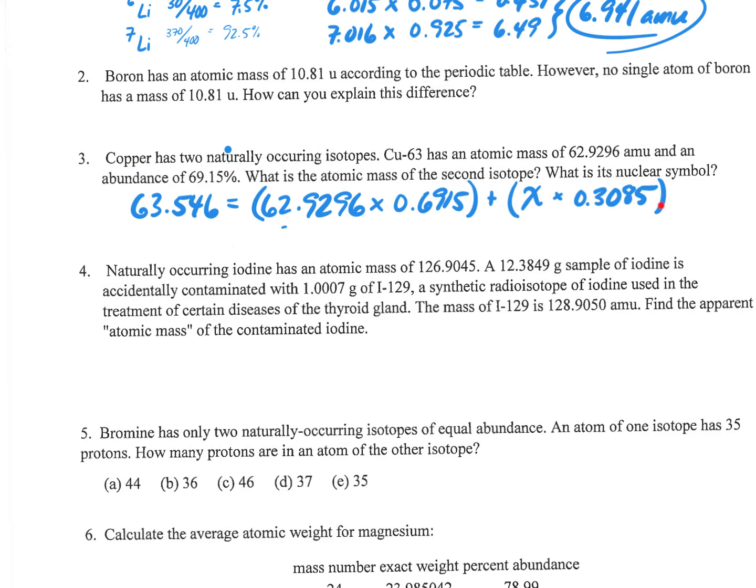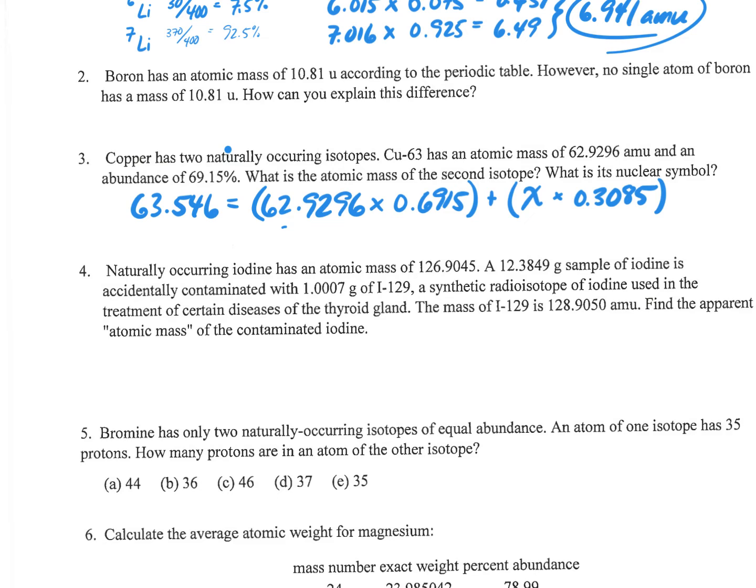Where did I get this number? This relative abundance is simply 100 minus 69.15, a positive number. So we've got 0.6915 and 0.3085. Now we just really need to solve for X.